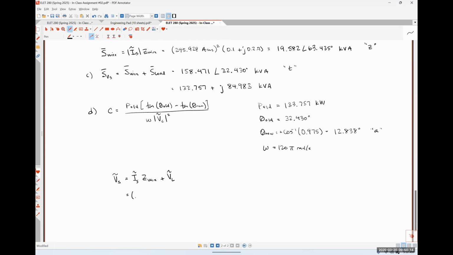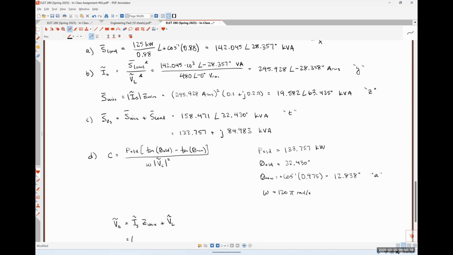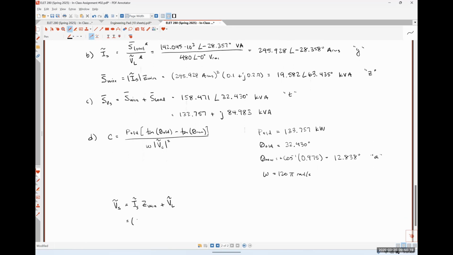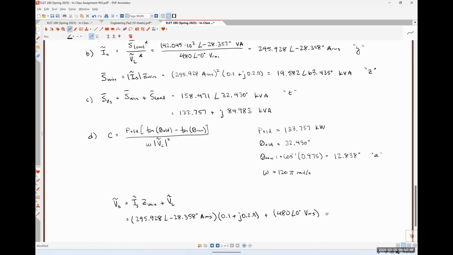So Is times Z wire plus VL is going to be, let's see, so Is was 295.928 with an angle of negative 28.358 degrees amps RMS. Z wire was 0.1 plus j0.2 ohms. And VL was 480 with an angle of 0 degrees volts RMS. Let me double check to make sure. Yeah, that's right.